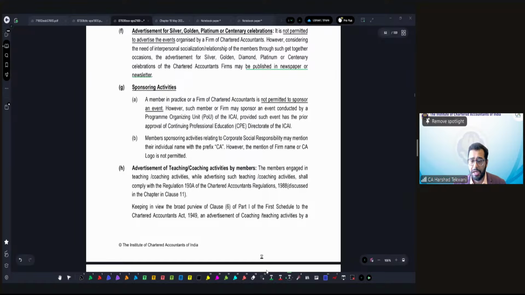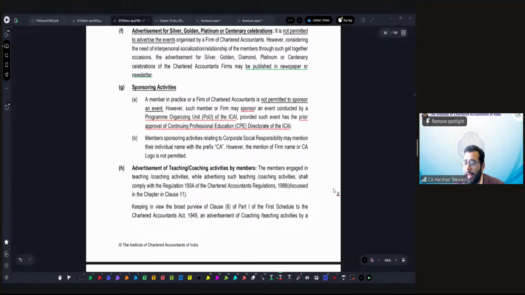Subject to conditions, you can sponsor a few events. Events organized by the programme organizing unit of ICAI, you can sponsor that, where you have prior approval of the CPE Directorate of ICAI. If there is prior approval of the CPE Directorate and you are sponsoring an event conducted by a POU of ICAI, fine, not an issue.